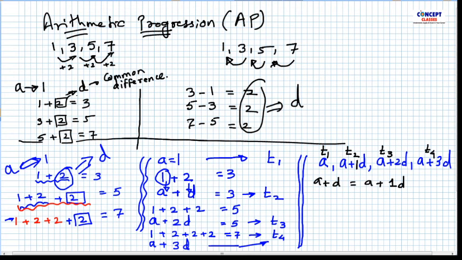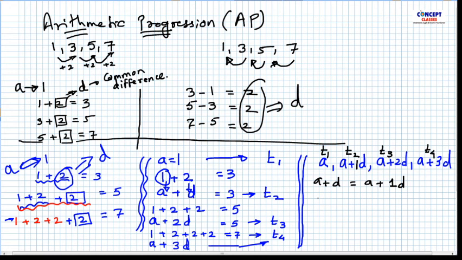So 3 minus 1, 2. So we are reducing 1. So if I want a third term, I need to take 2D, A plus 2D. If I want a second term, T2, I need to reduce by 1 again, A plus 1D or A plus D. If I want a fourth term, what will happen? Reduce again by 1, A plus 3D.